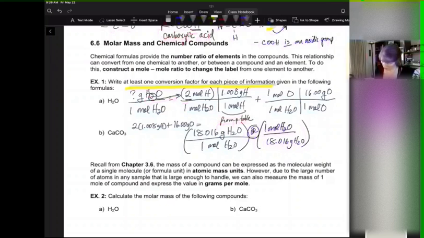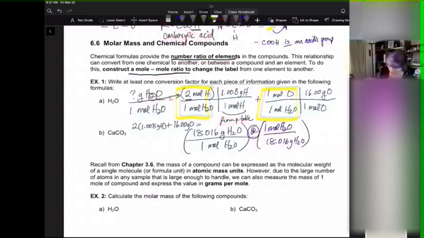Let's do the same thing for our calcium carbonate. Here we're looking for the number ratio of elements, the mole-mole ratio. So I was really looking at just that first factor. So let's do that for the calcium carbonate. So I know for every, let's say I want to know how many moles of oxygen in 1 mole of calcium carbonate.